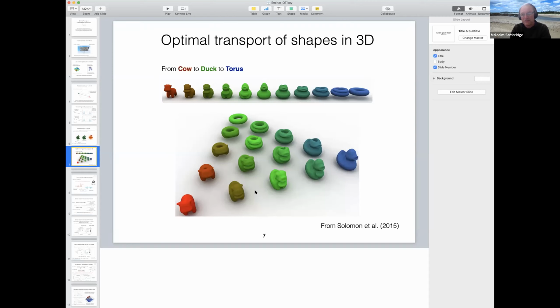If anyone's ever trained a neural network, there's a paper that got 1,500 citations in about 3 or 4 years called Wasserstein GAN. That's essentially using the same type of measure, based on the same principles, to compare images and train neural networks. So this sort of stuff has taken off in that field as a misfit function.